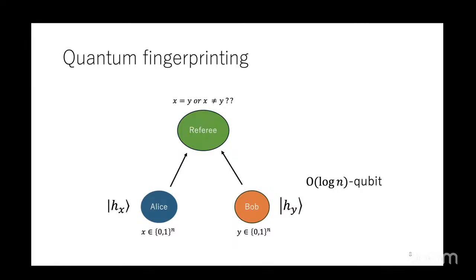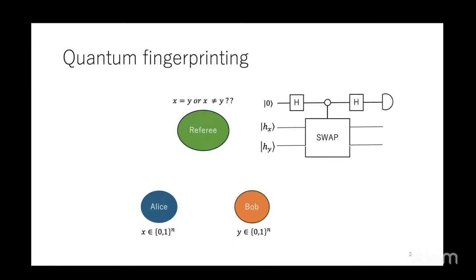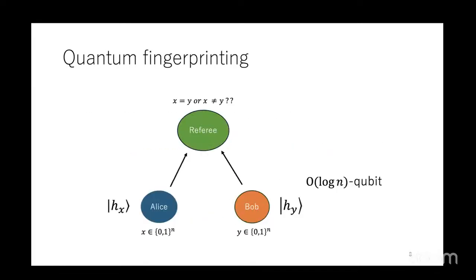So how about the classical case? The classical case is root n, and the quantum case is log n.